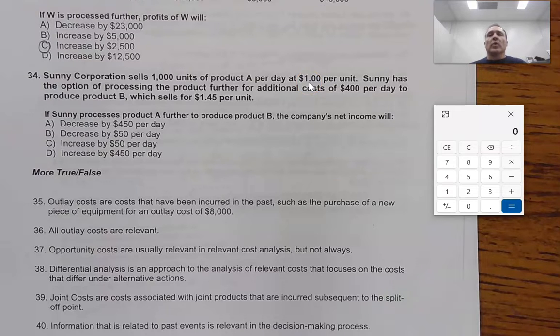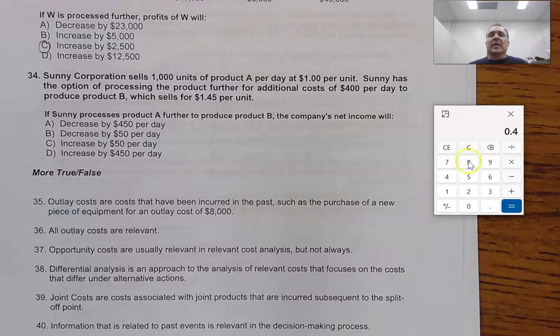Okay, what we know is that we can get $1 for this item at the split off point. Okay, so we're making 1,000 units in a day, and we're going to incur an extra $400. So we're going to incur an extra 40 cents in costs.